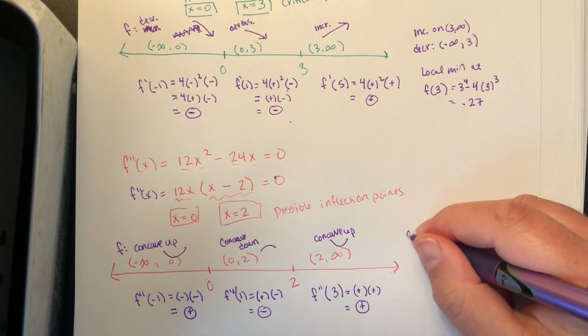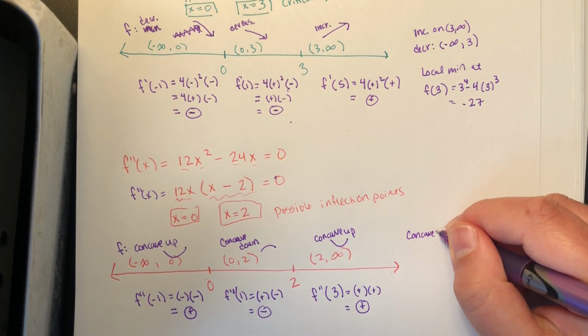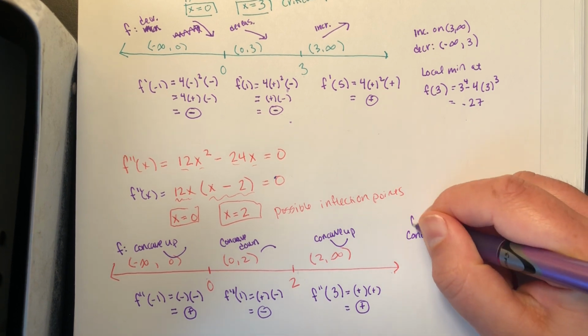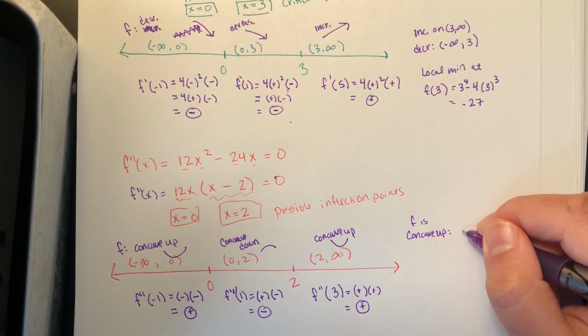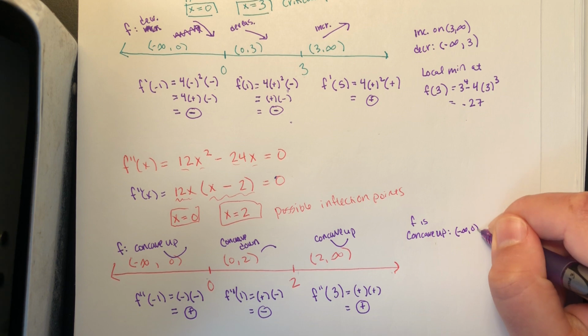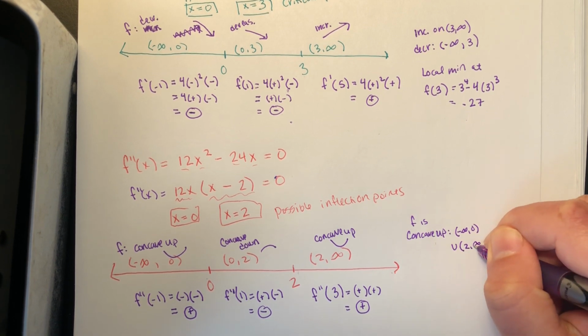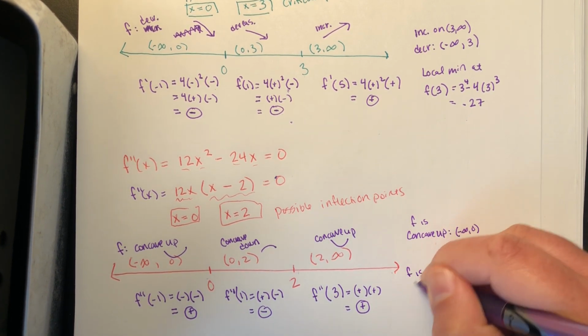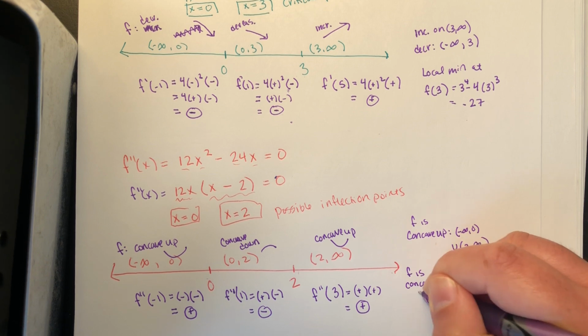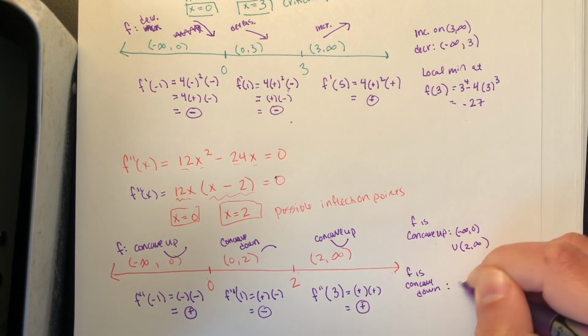So we have our concavity. The function is concave up on negative infinity to 0, union 2 to infinity, and f is concave down from 0 to 2.